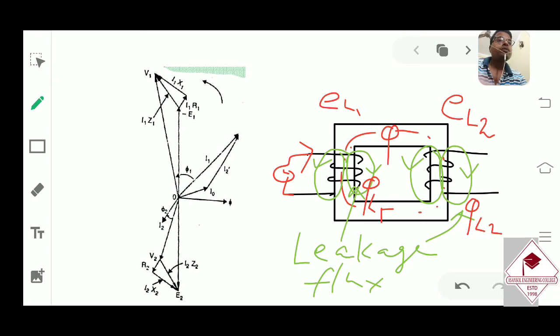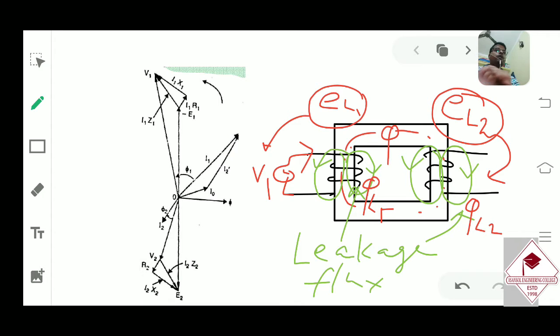Now see, as in the earlier case the induced voltages due to the main flux were opposing the main supply voltage, similarly this EL1 will oppose this V1 and this EL2 will also oppose this E2. So how can we represent this leakage flux in the equivalent circuit?